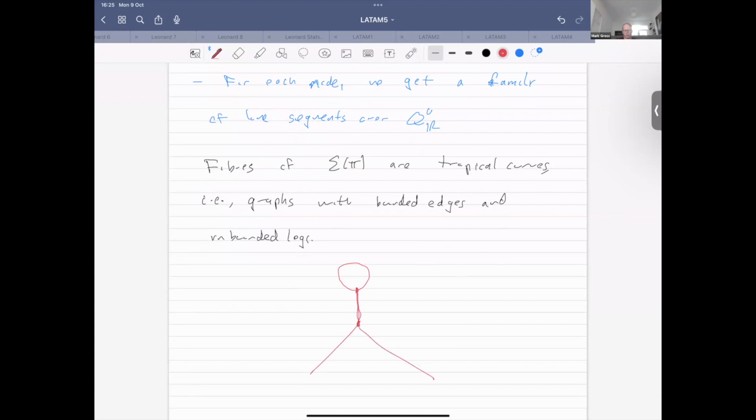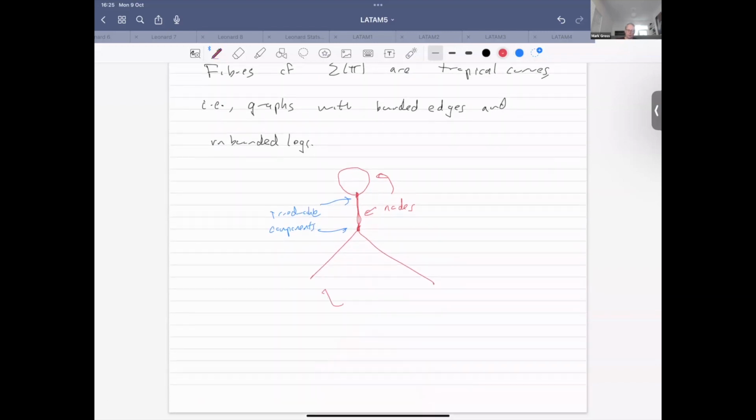And we have an unbounded leg for each marked point. So these are the nodes. These are the irreducible components. And finally, these are the corresponding marked points.